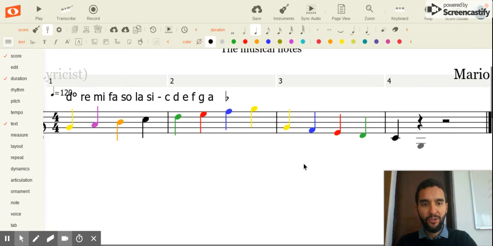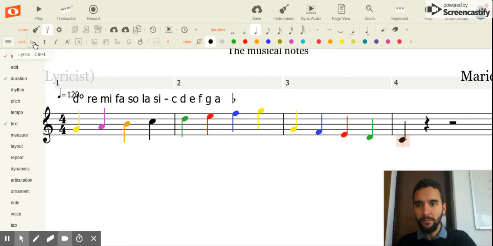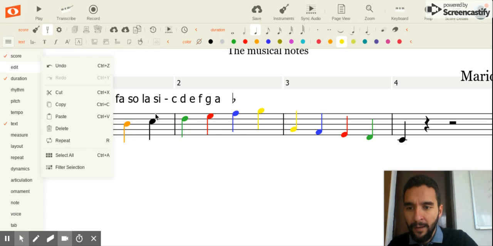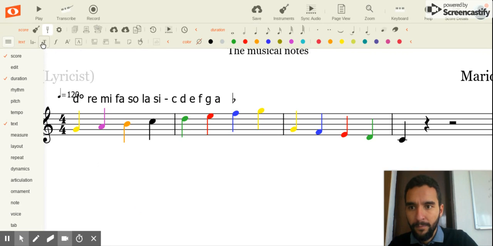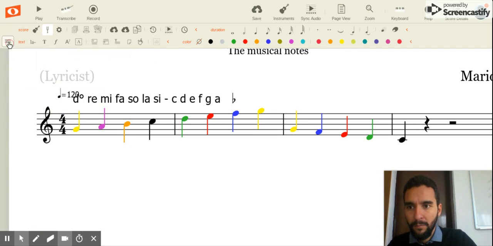So until now, we have the following notes. I would like to put the names in here, so I'm going to use the text.